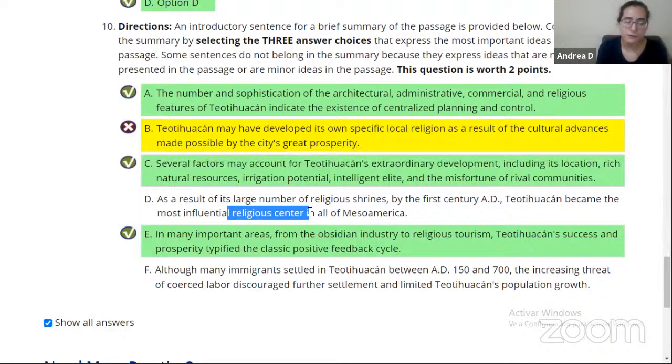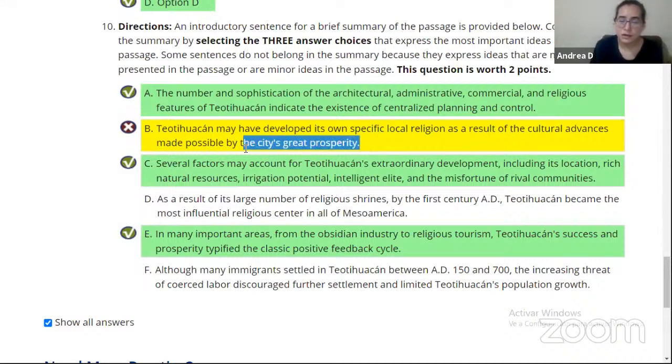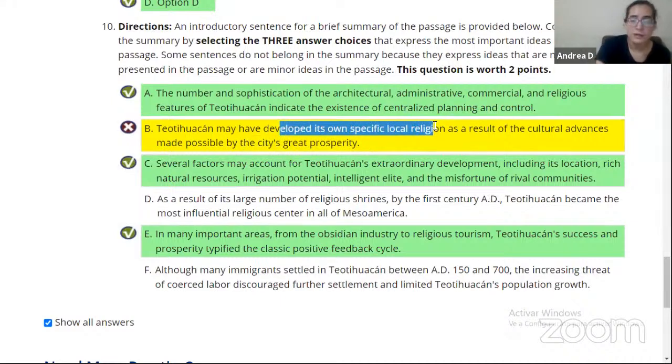There are many different factors and elements mentioned throughout the paragraph. And the same happens with B. It's only about religion, their local religion, how it developed as a result of the cultural advances made possible by the city's great prosperity. So even though they talk about the city's great prosperity in general, it's mostly focused on religion, which is not a main idea.